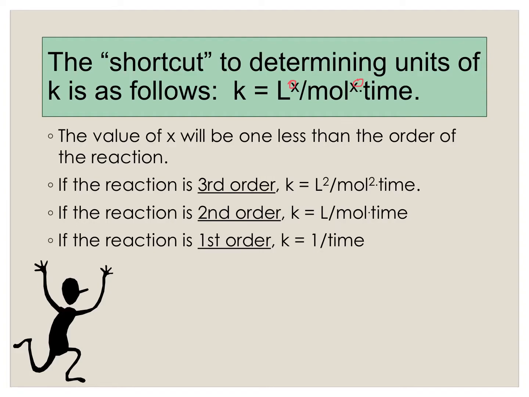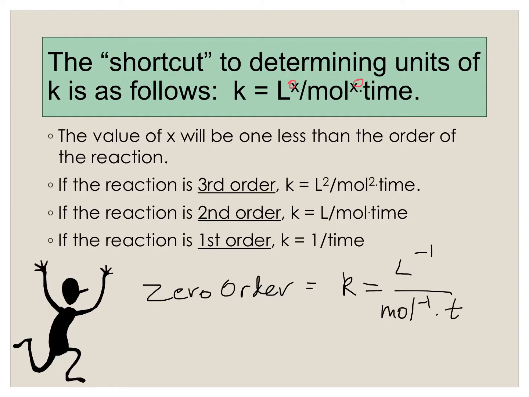The last one I left for you on your page is, what is 0 order? Well, let's look. 0 order, K equals L, 0 minus 1 is a negative number. L to the minus 1 over moles to the minus 1 times time. If you put this, it would be entirely correct.